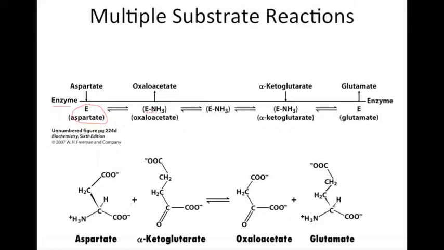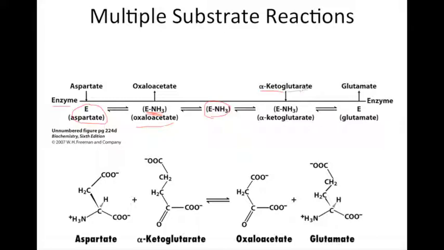So the enzyme pulls an amino group off of aspartate, converting aspartate to oxaloacetate. So you end up with a modified enzyme product complex. The oxaloacetate is then released, but you still have the enzyme covalently modified with that amino group.